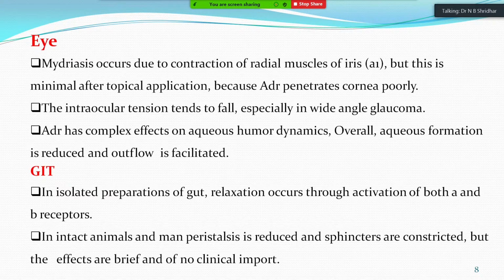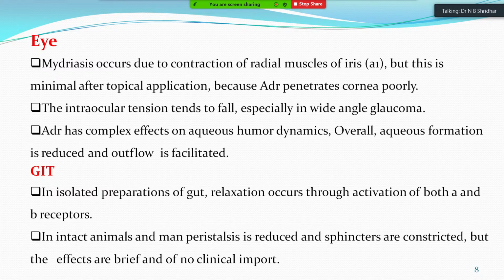And adrenaline has a complex effect on the aqueous humor dynamics. Overall, the formation of aqueous humor is reduced and outflow is facilitated. That means it has a specific and marked effect on the eye.